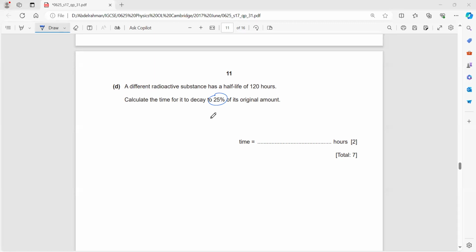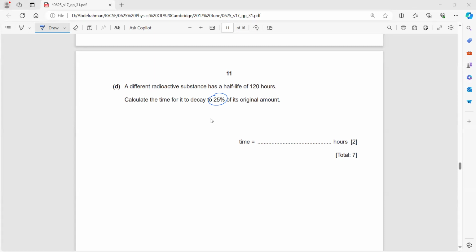Any ideas? If it has a half-life of 120 hours, how long should it take to reach 25% of its original amount? No one? Okay.